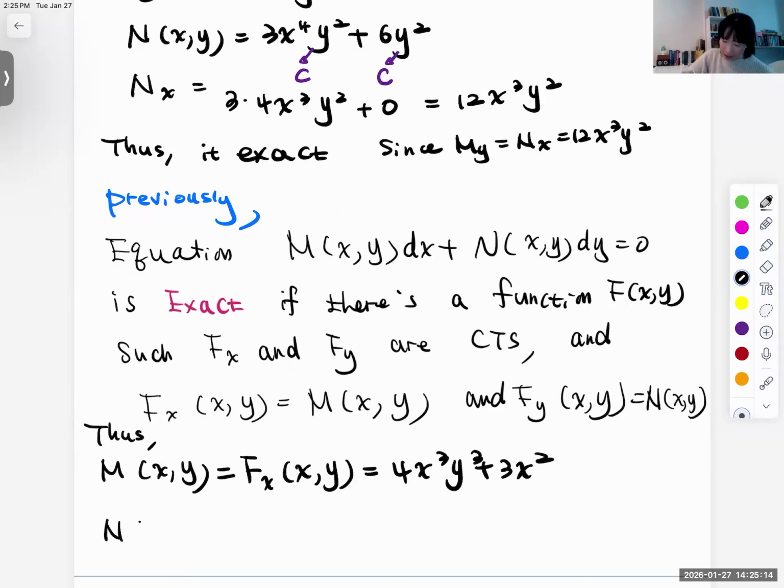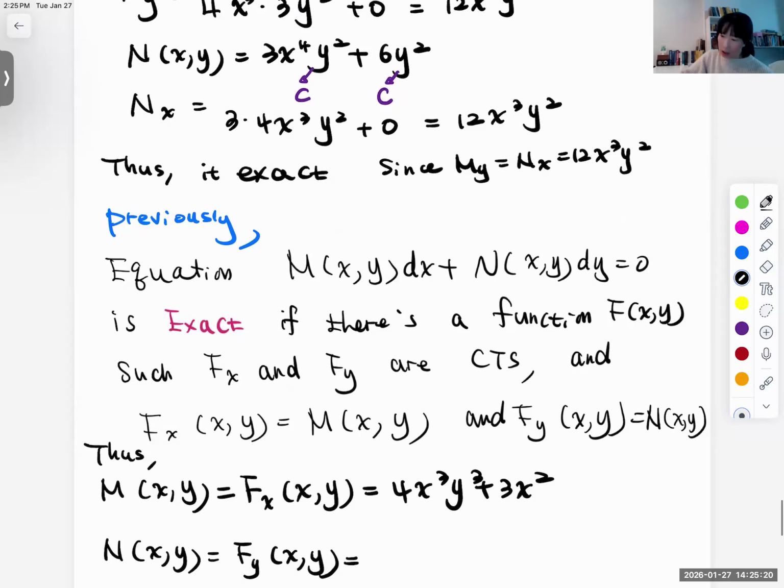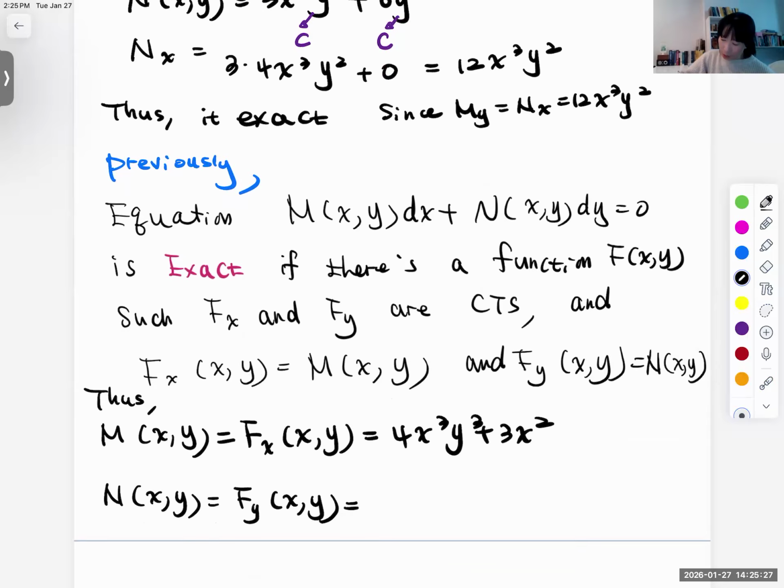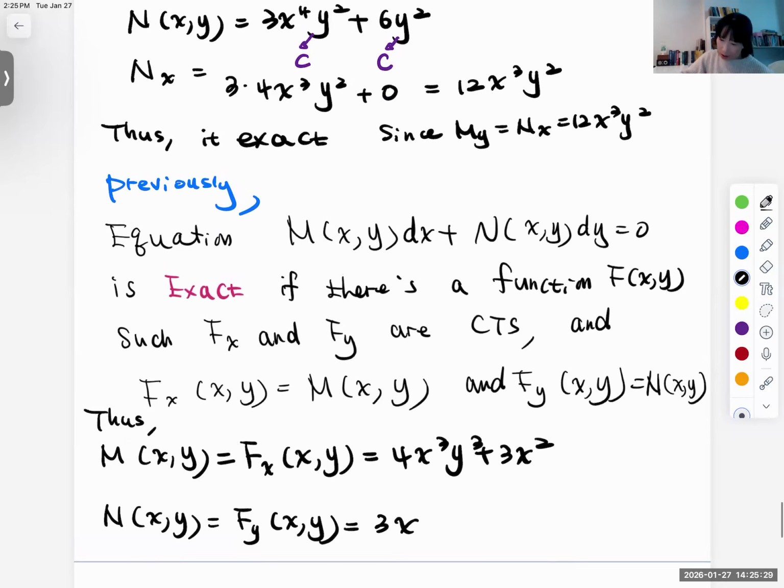How about n, which is the same as the partial derivative with respect to y? There will be this one, right? So let me write out: 4y squared plus 6y squared, right?